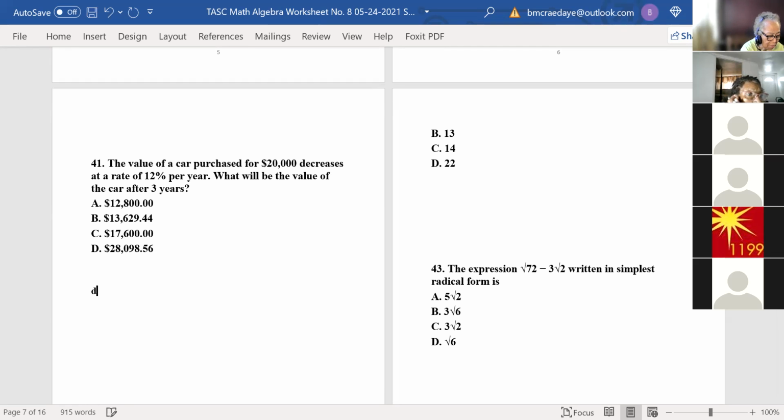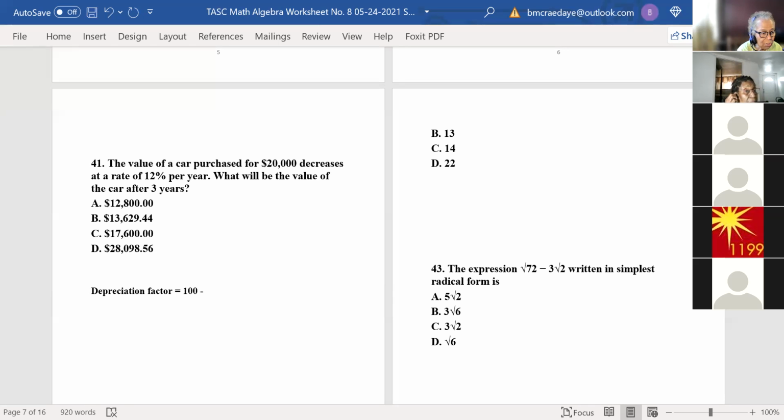Now, you have a depreciation. Okay. Well, why would I do it, Miss Barbara? It's 20,000 decreasing in 3 years. So when I check how much is 12% of 20, I get 12,000.